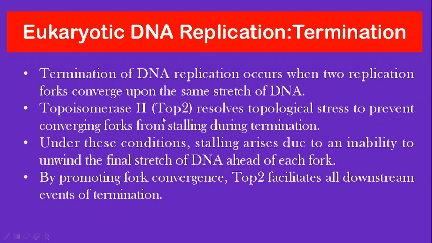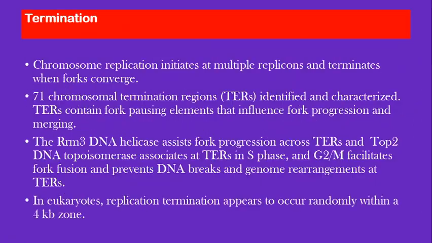Topoisomerase 2 will resolve the topological stress to prevent the converging forks from stalling during termination. Under these conditions, stalling arises due to an inability to unwind the final stretch of DNA ahead of each fork. By promoting fork convergence, topoisomerase 2 facilitates all downstream events of termination.